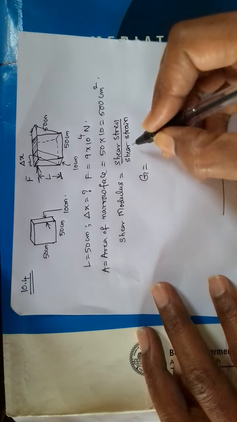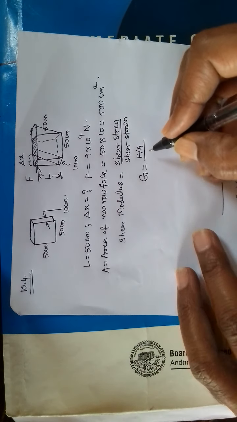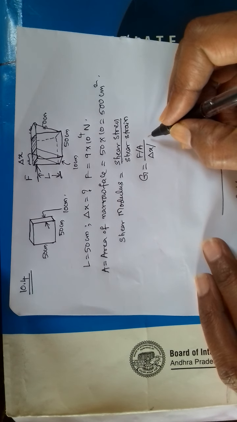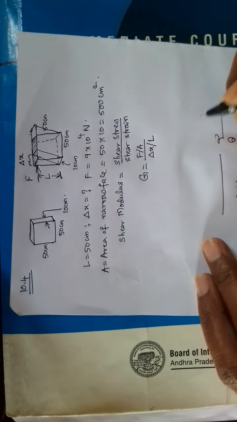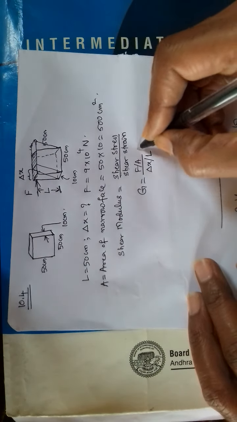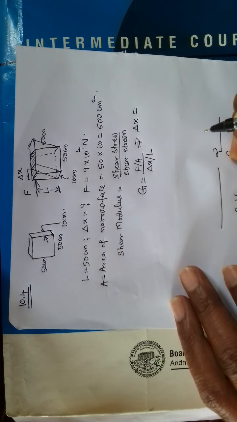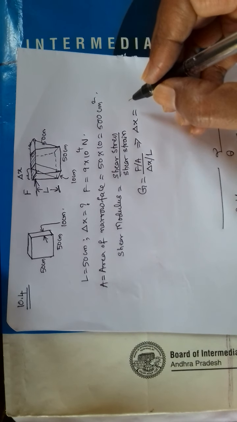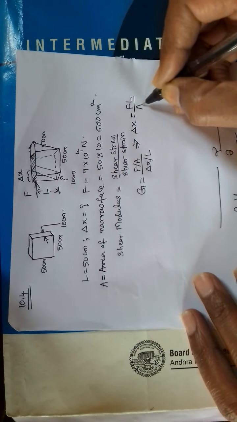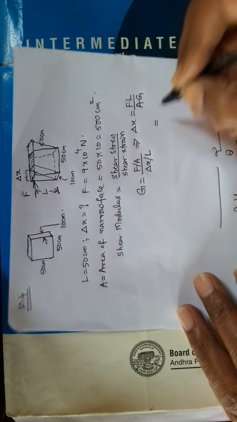G is equal to, shear stress is force by area, shear strain is displacement divided by height of the slab. So in this, what is asked? Delta x is asked. So delta x is equal to FL by AG. Now let us substitute the values.